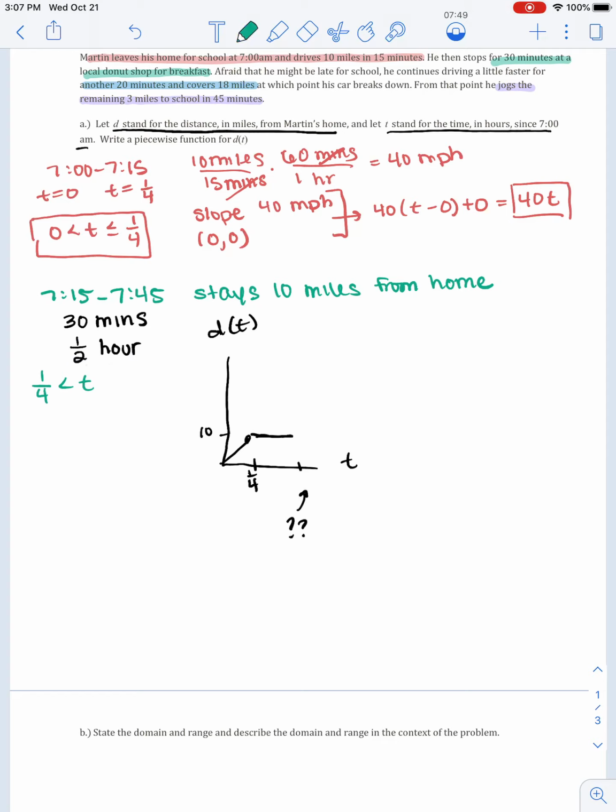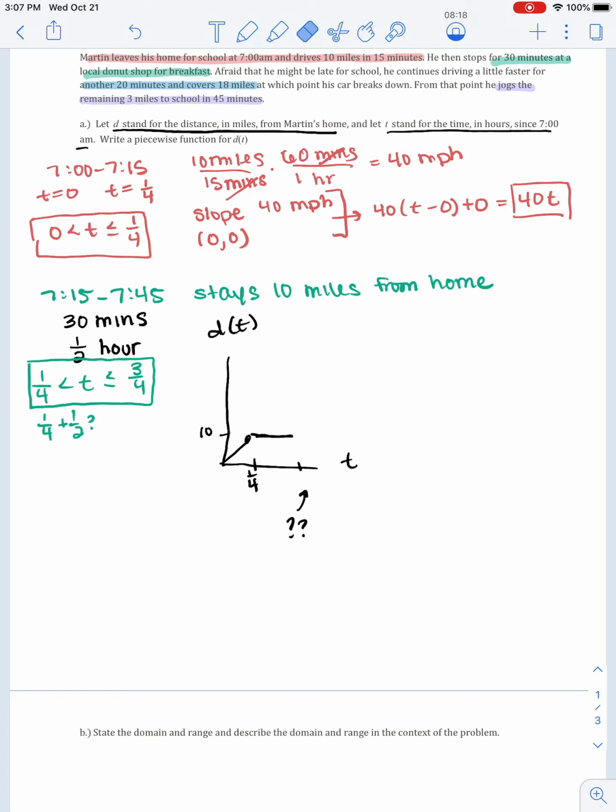So what is 1/4 plus 1/2? Hopefully we're okay with seeing that that would be 3/4. So for a quarter hour past 7 a.m. up until 3/4 of an hour past 7 a.m., Martin is staying at the donut shop.